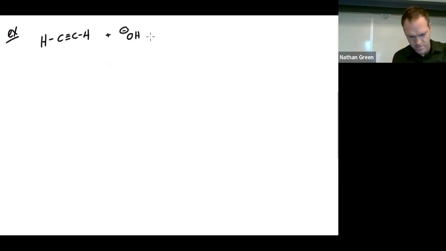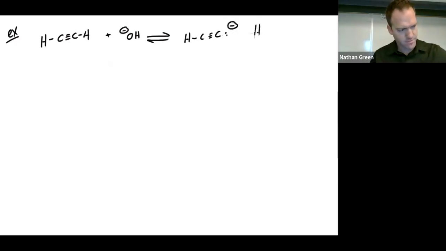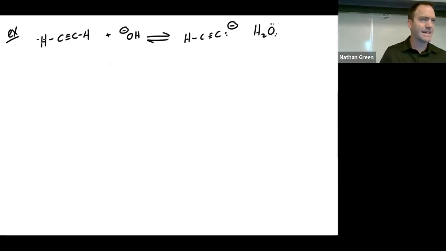I'm going to go a little bit out of order here, though. Here is a reaction that I could give you. This molecule is called acetylene.